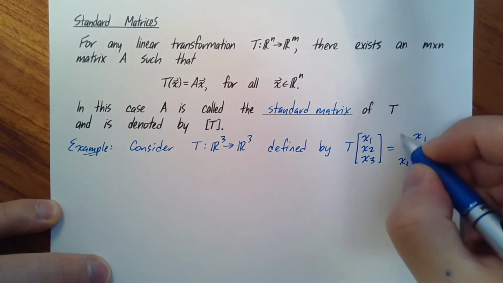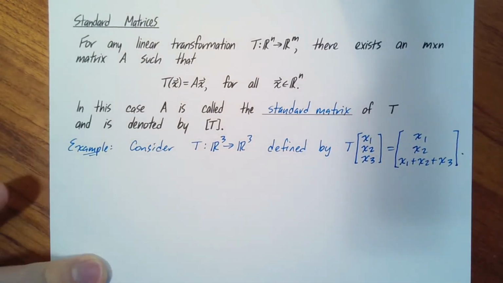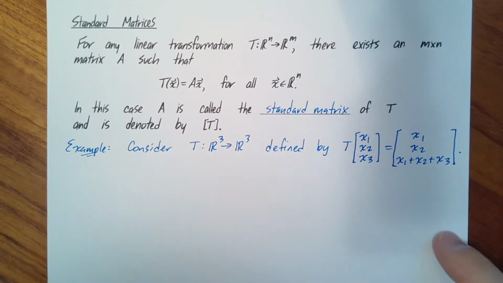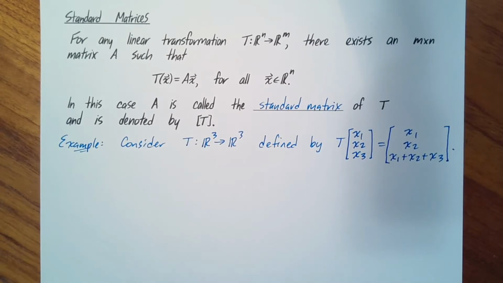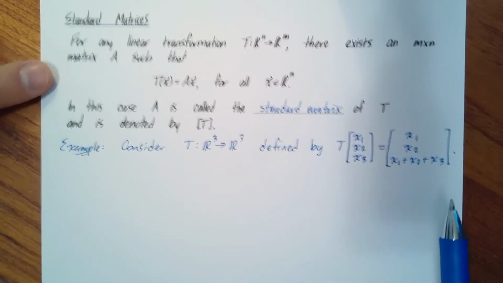This is the same example that we just worked with, and we proved in detail that it's a linear transformation. So we're not going to prove that now, but we're going to look at how this claim applies to this linear transformation.